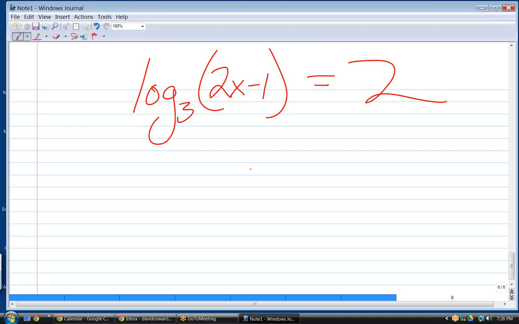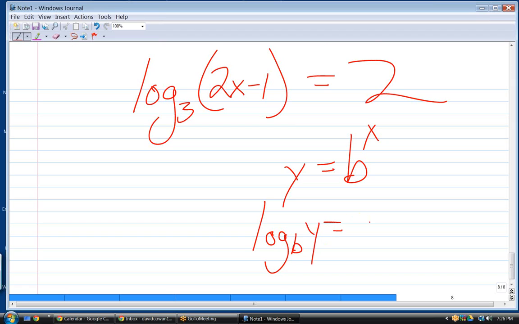The important thing to remember is that logs are exponents. So there's my exponential equation. What's the logarithmic expression of this? Log, and then base what? Base b. And then, is it y?